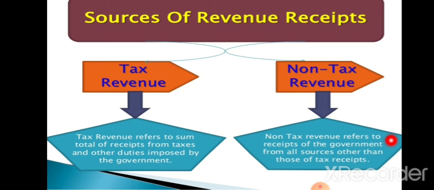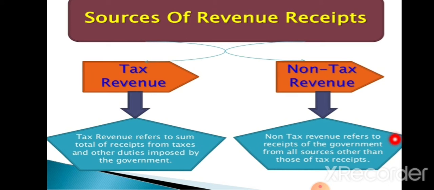And non-tax revenues refers to the receipts of the government from all sources other than tax receipts. We will discuss tax revenues in detail. Tax revenues refers to the sum total of receipts from taxes and other duties imposed by the government.